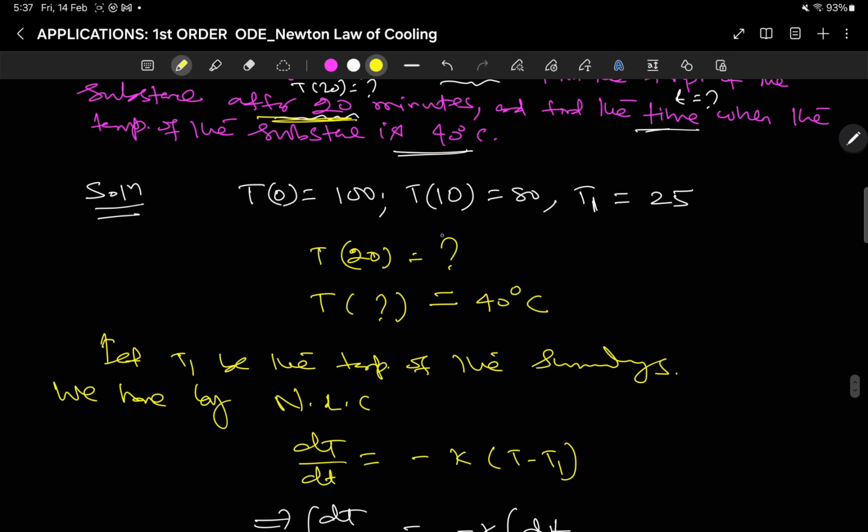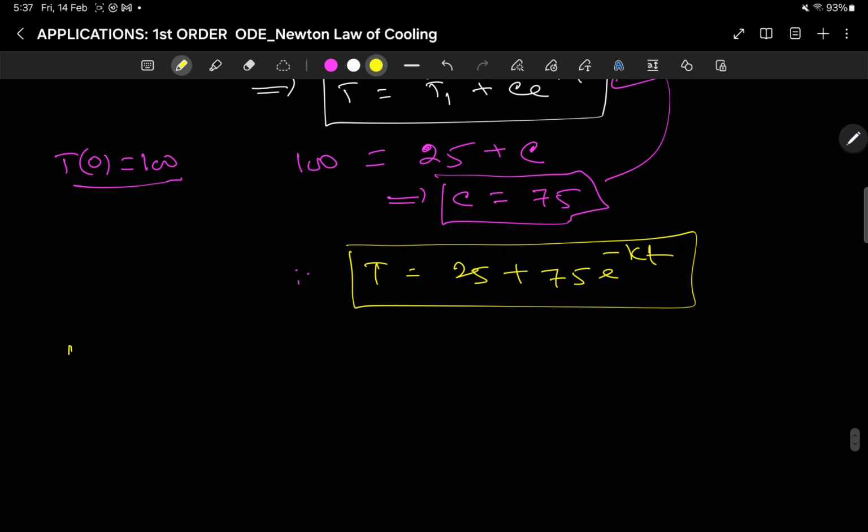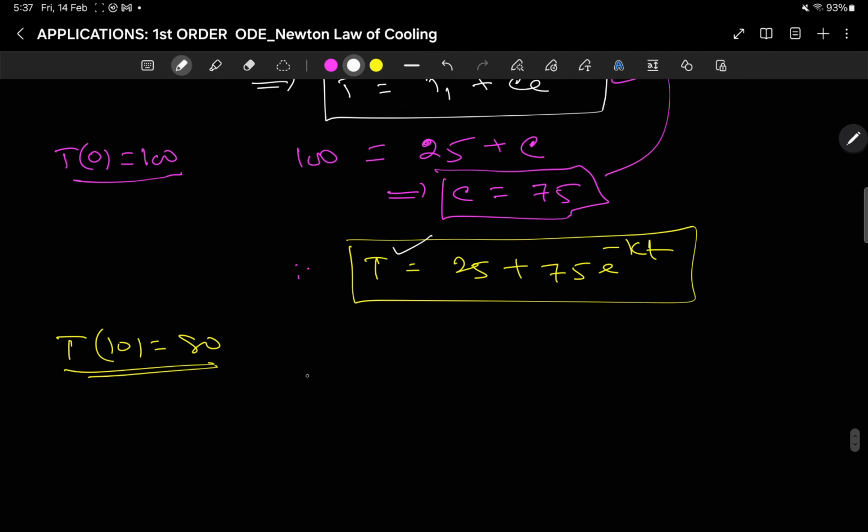Now you impose the second condition. The second condition is T of 10 is equal to 80. So that means capital T is 80, small t is 10, so it is 25 plus 75 e to the power minus 10k. Now we have to solve for the value of k.